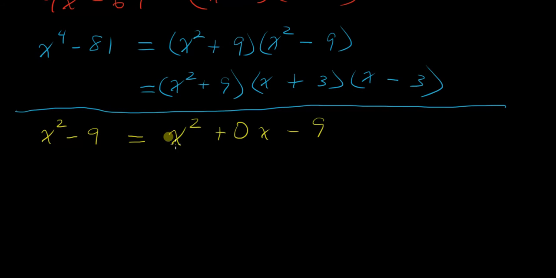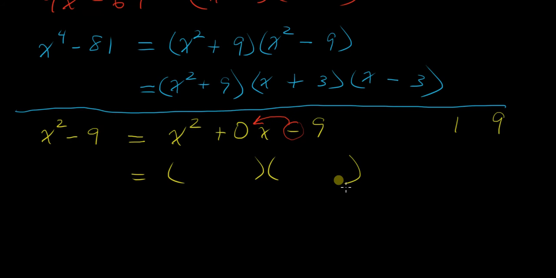So what would you do based on what we've learned in my other videos about standard quadratic factoring? What would you do if you had this quadratic? Well, you would make two parentheses, and you would say, okay, I'm looking for two numbers that multiply to 1 times 9, and they subtract to 0.